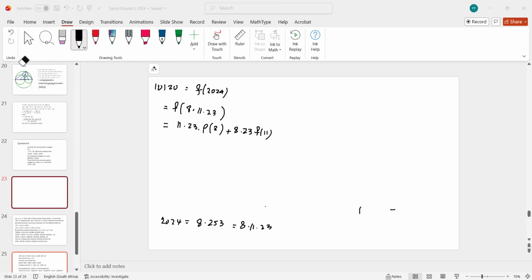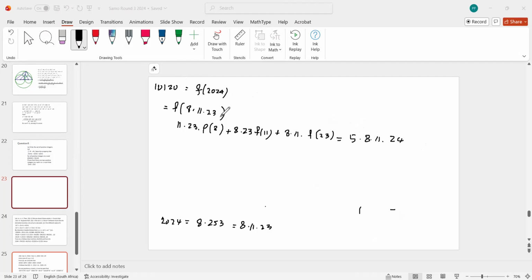It's one of the reasons why I cleared the space. So I want to put plus 8 times 11 times f of 23. And I'm going to put this 10,120 on the right-hand side. This is 5 times this. So it's 5 times 8 times 11 times 24. Because this is 5 times this, and that is 8 times 11 times 24.